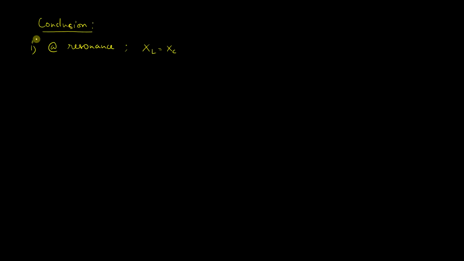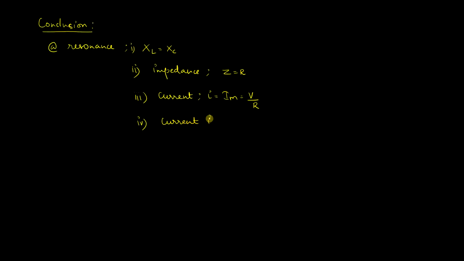Secondly, we have seen that the impedance Z is equal to R. Thirdly, we have the current I equal to the maximum value, which is V by R. Also, we have seen that the current is in phase with the applied voltage.